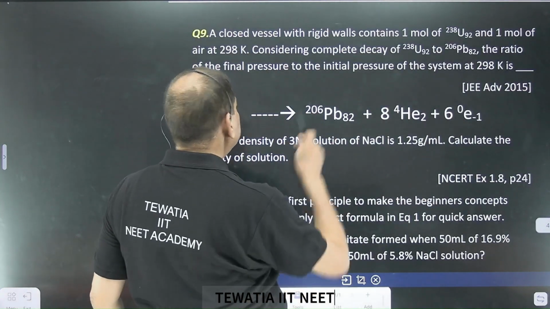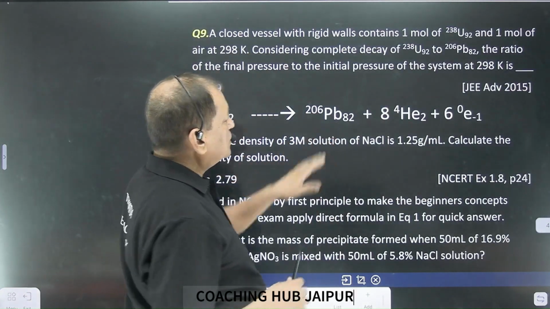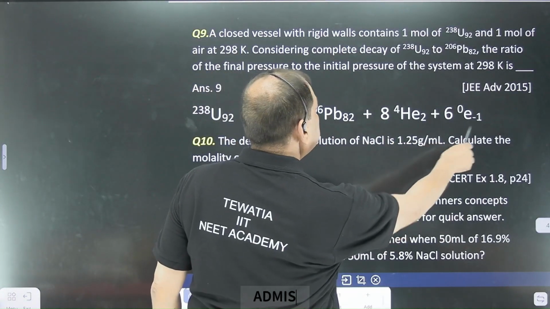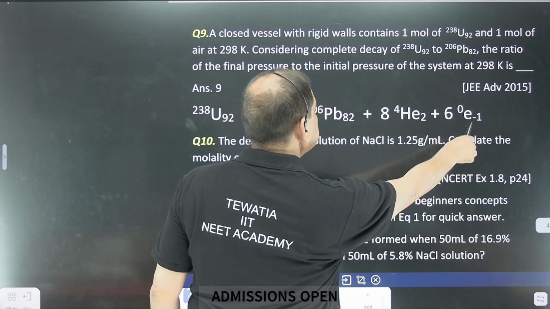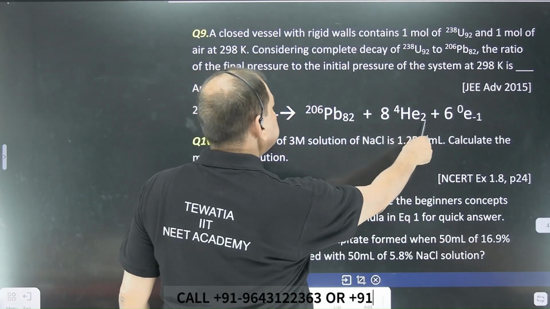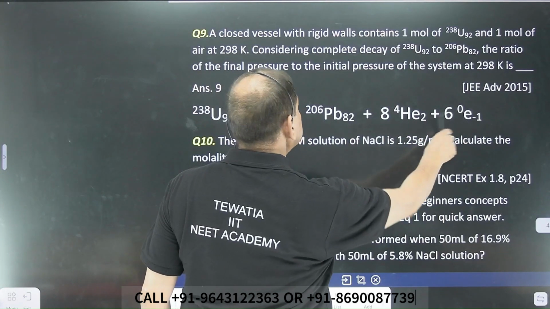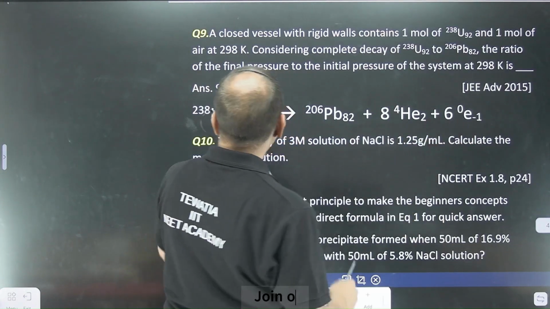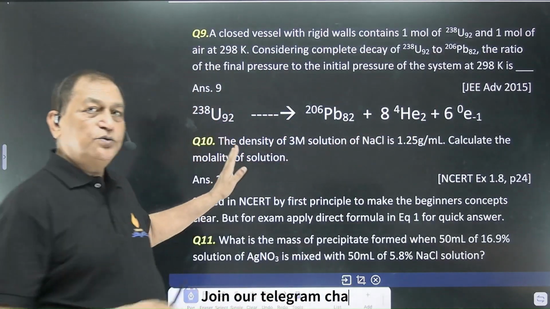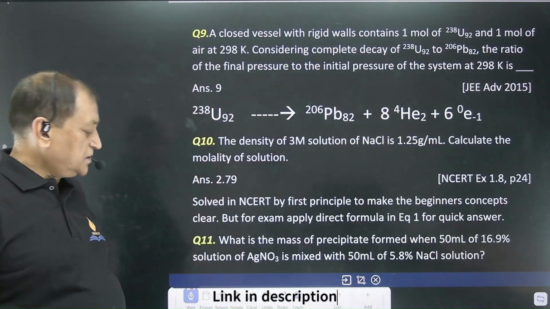Here it is 82, so 10 charge more. Here 82. Here it is minus 6 because the electron has minus 1, 6 electrons. And here it is 16, 16 minus 6 is 10. So the difference is 82 plus 10, 92. So this is the balanced equation.